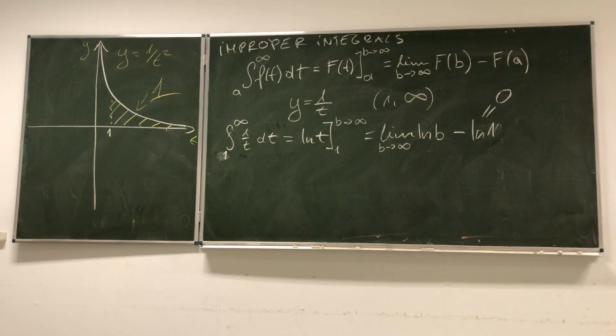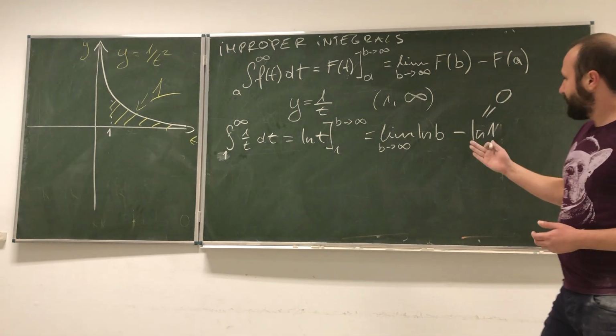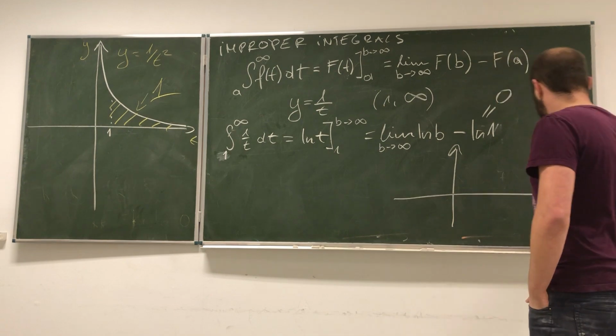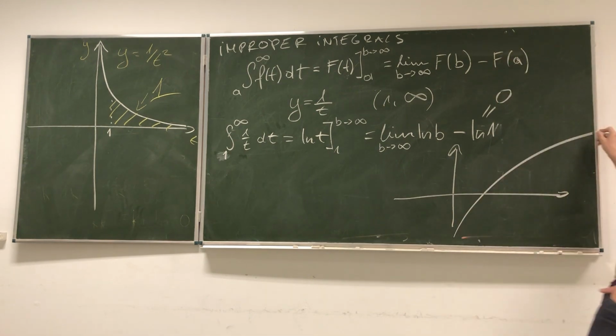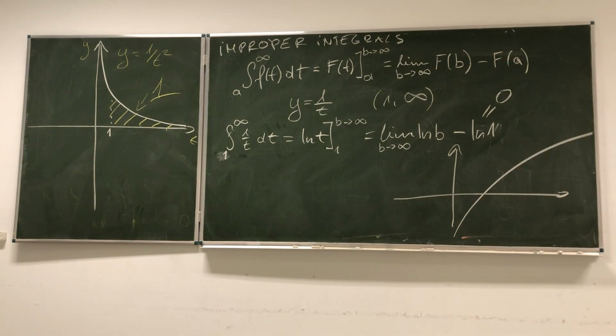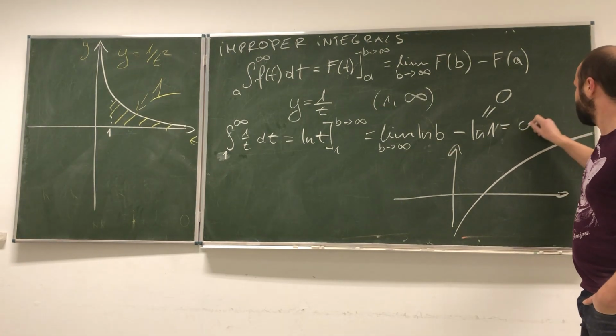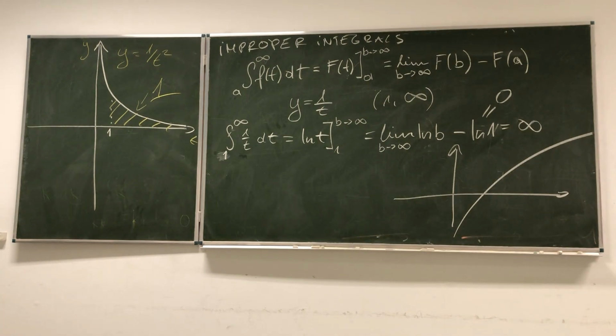Now, how much is that? Look, the natural logarithmic function looks like that. It grows slower and slower and slower, but it never stops growing. Which means that the limit of this expression is infinity.